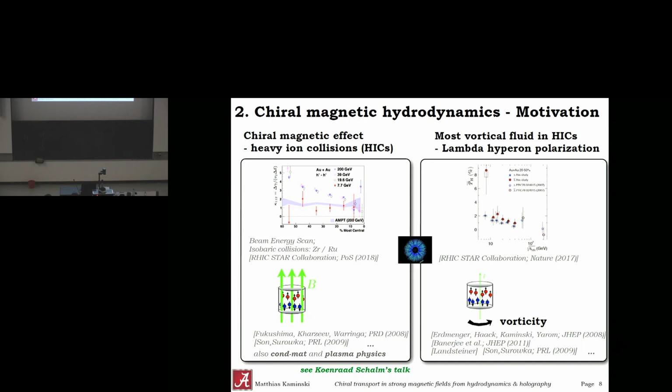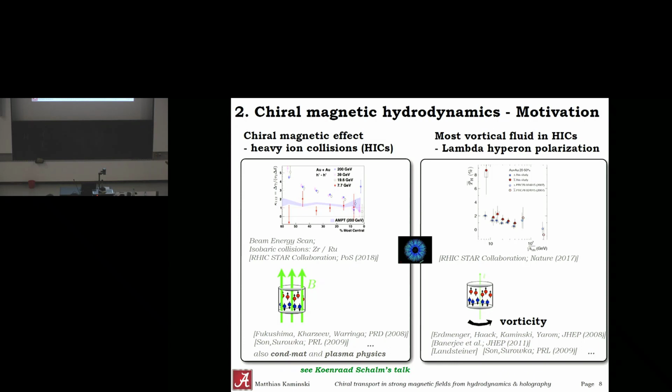For the longest time, people were arguing that due to the fact that there are charged particles, the heavy ions that pass by each other very closely, there is a magnetic field generated, but it is also decaying very quickly. This idea is being contested by these types of experiments and by the data that people take.